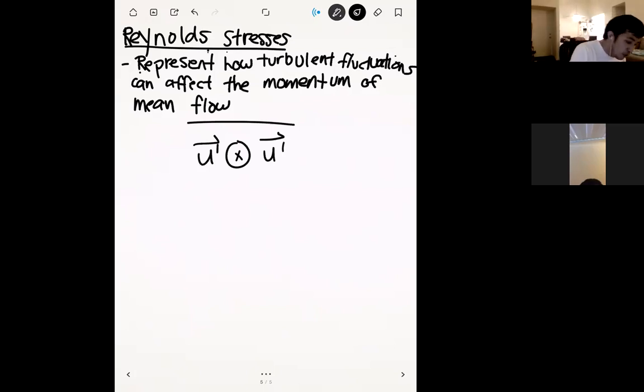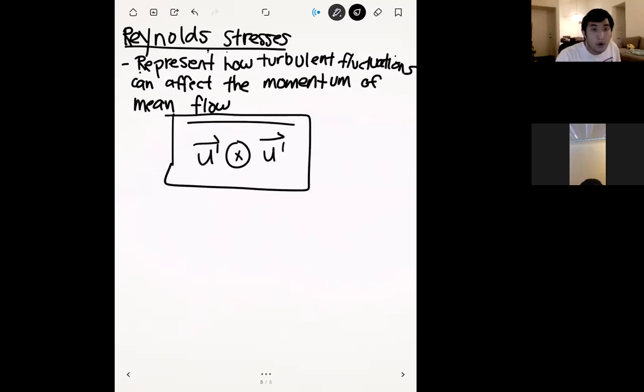The functional form of that was basically we have our turbulent fluctuations, which are our u primes. Remember, we used the prime notation to denote fluctuations. If we take our two turbulent fluctuation vectors, we take an outer product. So we basically took these two vectors and turned them into a rank 2 tensor.